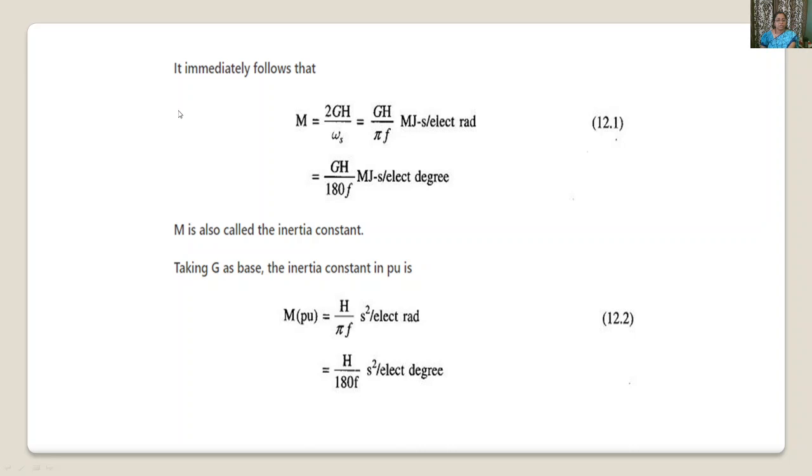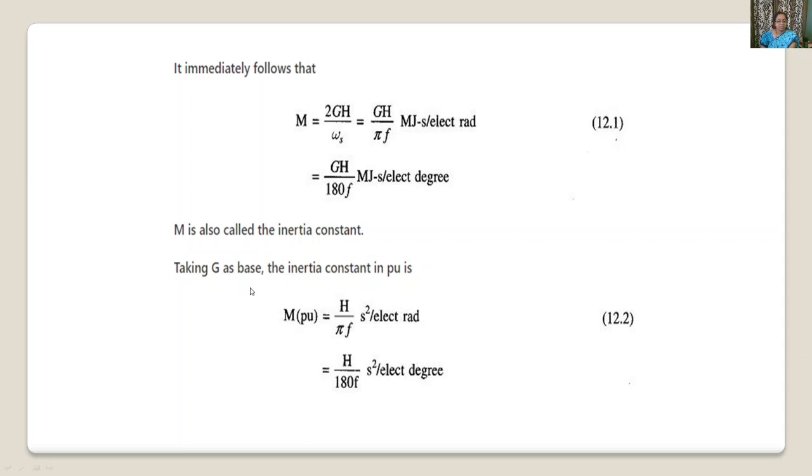So we can write M is equal to twice GH by omega s. This omega s is 2 pi f, the 2 will get cancelled, so the final equation is M equal to GH upon pi f. Now this is megajoule second per electrical radian. If we need to convert into electrical degrees, then instead of this pi it will be 180. M is also called the inertia constant.